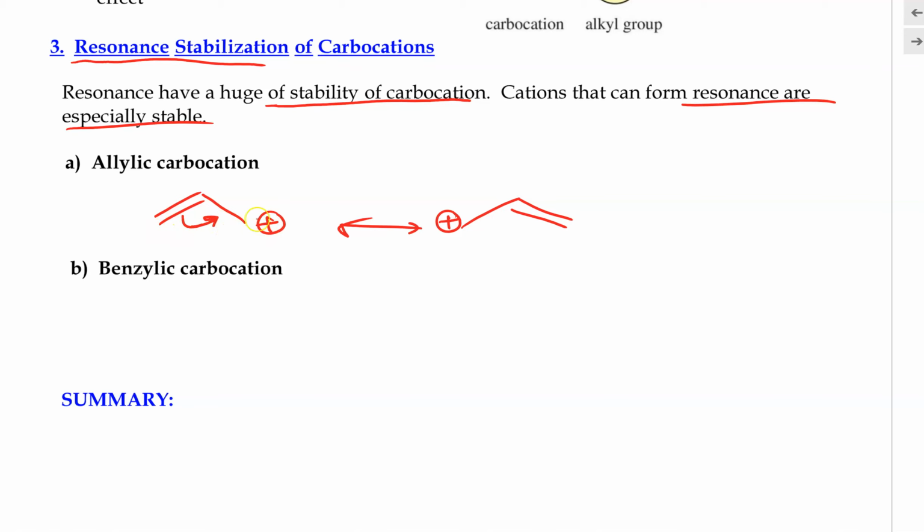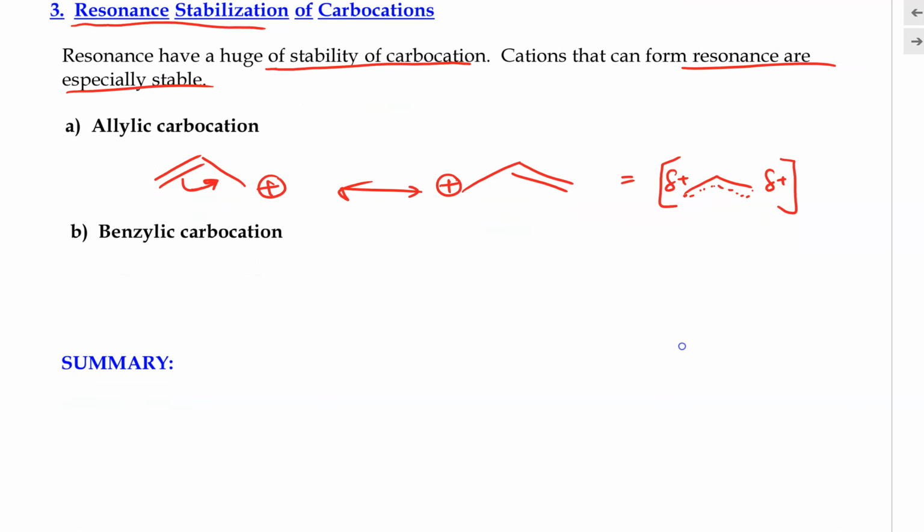This helps distribute the charge on this species, and therefore it becomes more stable. We can draw the resonance hybrid as follows. Now this carbon becomes partially positive, and this one becomes partially positive. So the positive charge can be located on this carbon or the carbon over here, but it is very much distributed and therefore more stable.